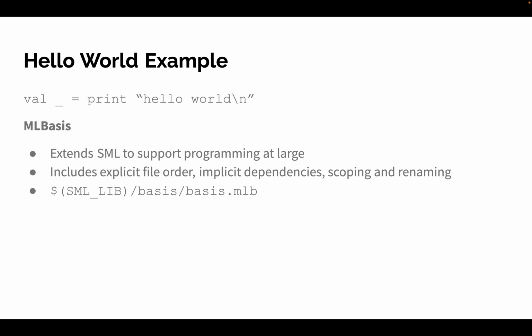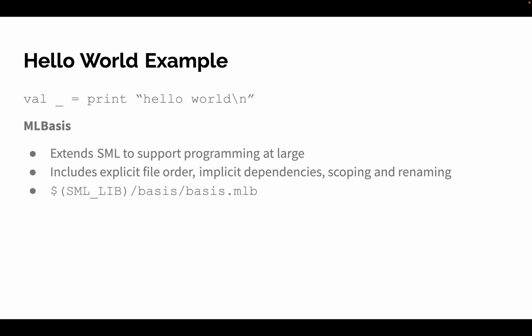Here we have a line of code which basically just prints a string, and the string is the argument that's passed into this function print, and it just writes that argument to the terminal. So val of anything essentially just introduces a new variable. So when we add val of underscore, it just prints the thing, but it doesn't introduce a new variable for the result.